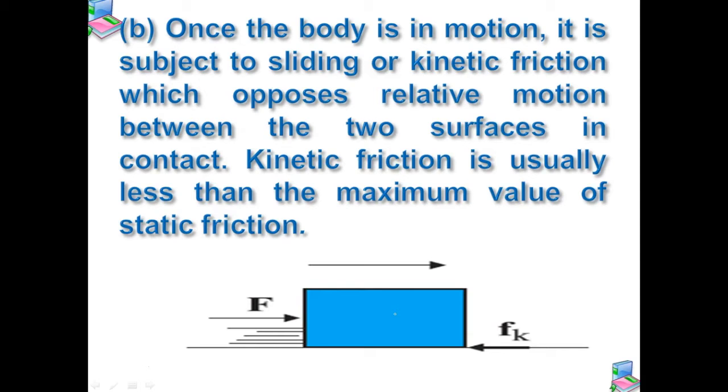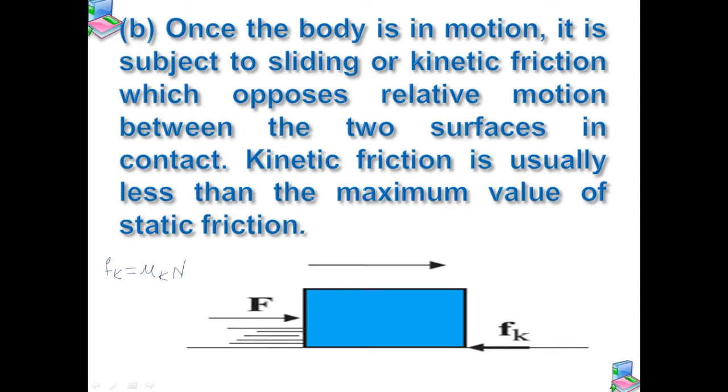It is found to be independent of the area of contact. Further, it is nearly independent of the velocity. Again, it satisfies a law similar to that of static friction. So Fk is given by mu k into N, where mu k is the coefficient of kinetic friction.